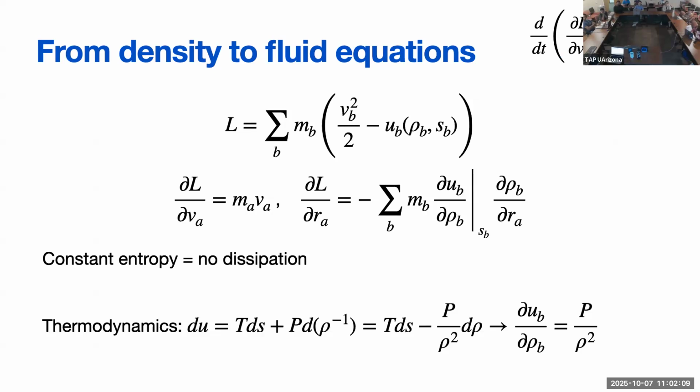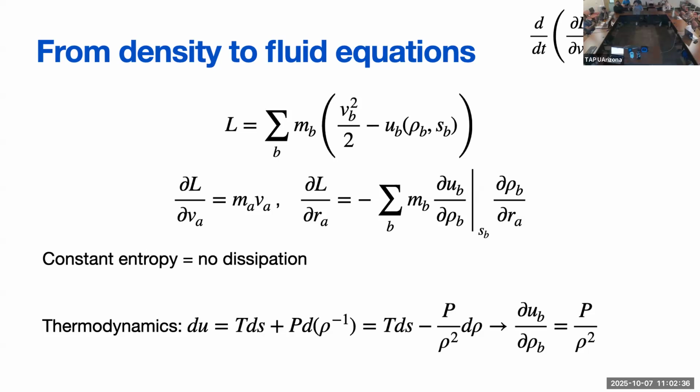And okay, so basically, if we go back and we really want to write these Lagrangian equations, we take our Lagrangian, we can compute the derivative of the Lagrangian with respect to the velocity, and the derivative of the Lagrangian with respect to the position. Here we assume that the entropy is constant, so we don't have dissipation.